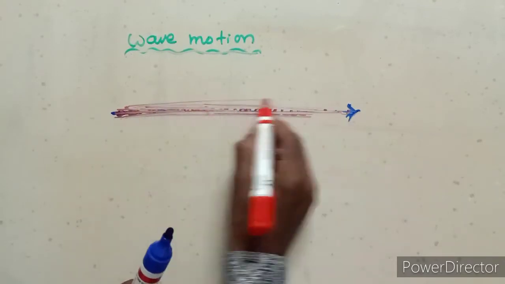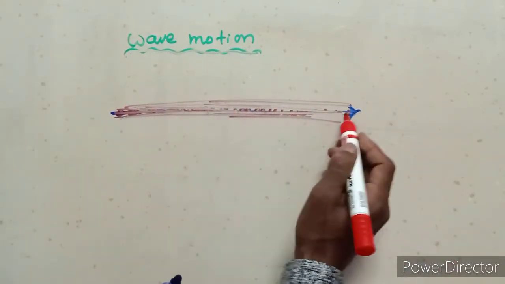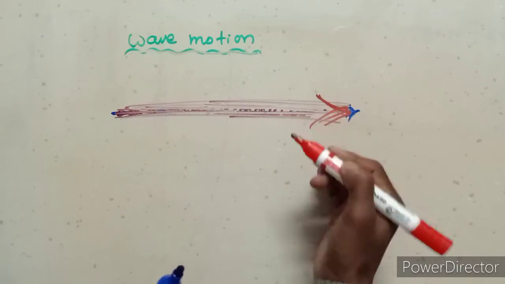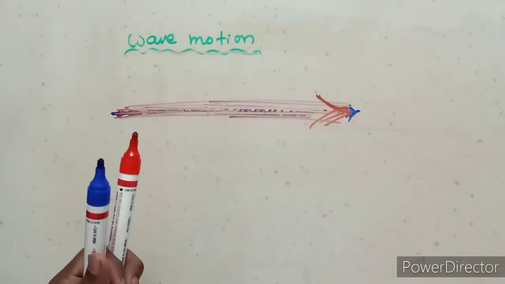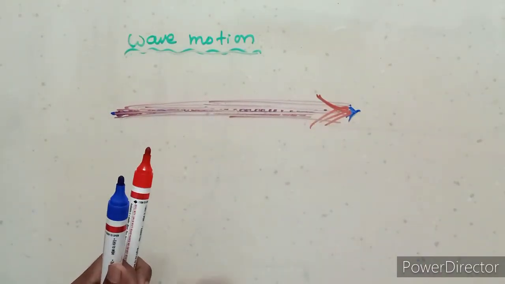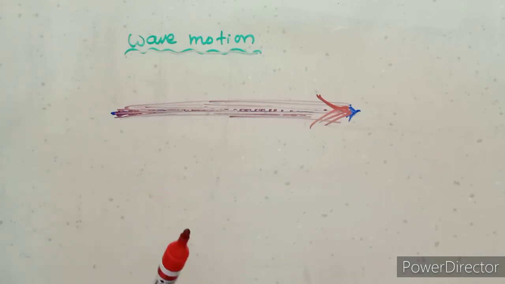This is the direction of oscillations, and also this is the direction of propagation. So this type of wave is called a longitudinal wave.